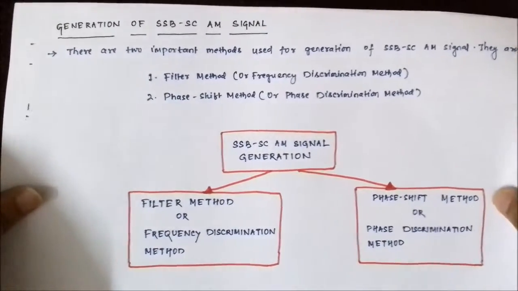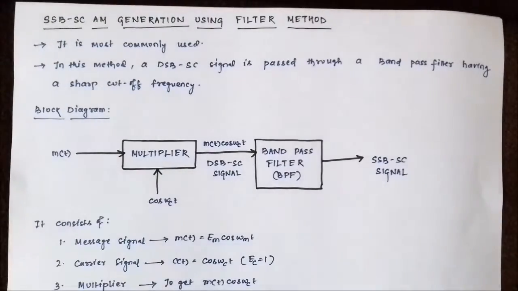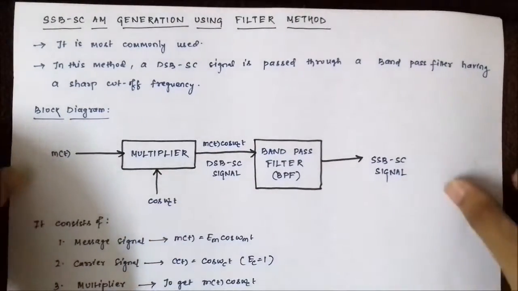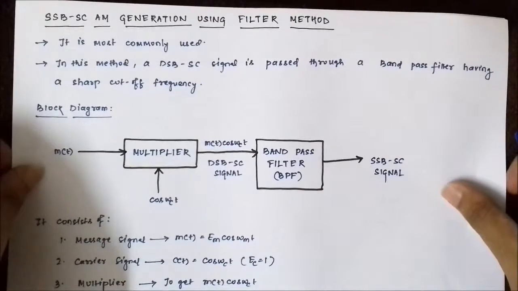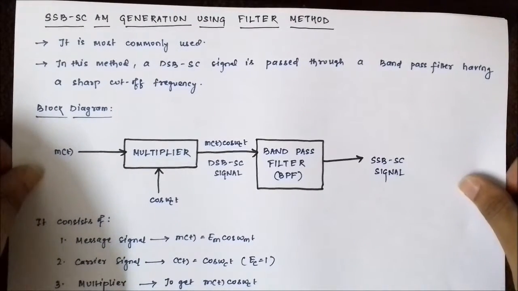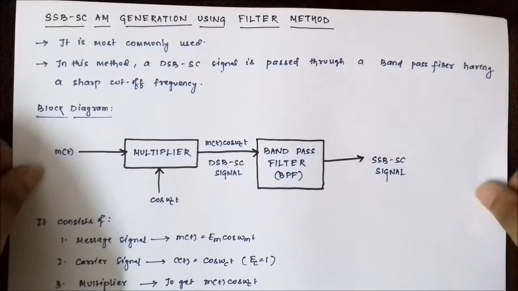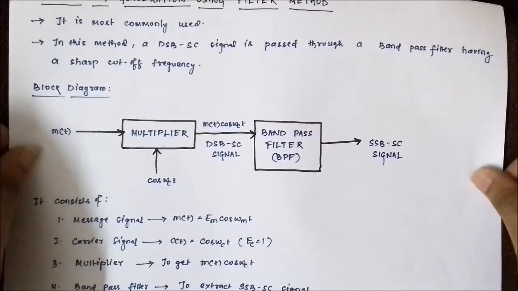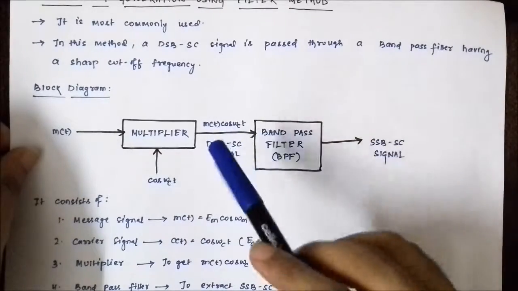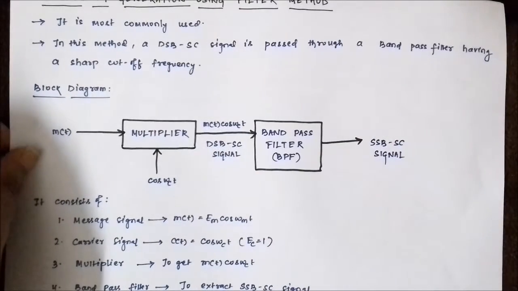Now let us discuss the filter method. The filter method is also called the frequency discrimination method, so it involves the frequency component. This is the block diagram of the filter method for generation of single sideband modulated signal.